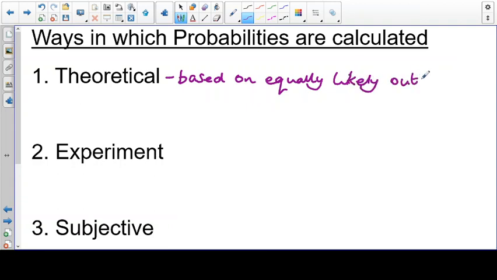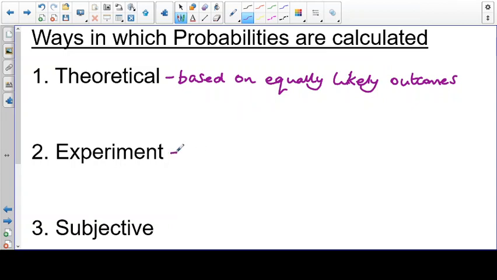An example of that would be rolling a dice. If you roll a dice, all the numbers 1 to 6 are the outcomes, and they are equally likely to happen. Tossing a coin, head and tail are the outcomes, they are equally likely to happen. So it's something that we can physically calculate based on the outcomes that we know about, how many there are, and that they are equally likely.